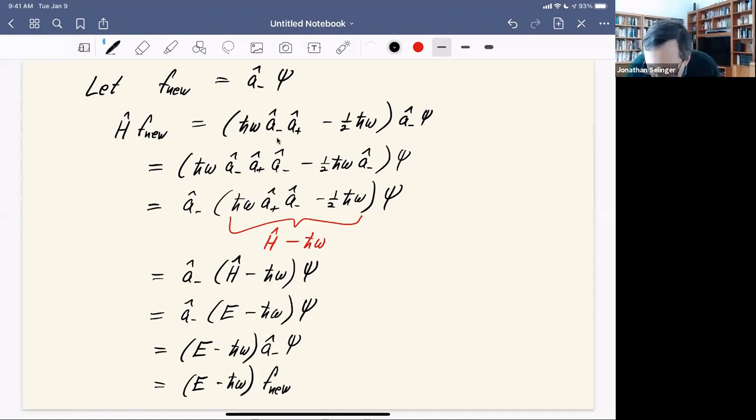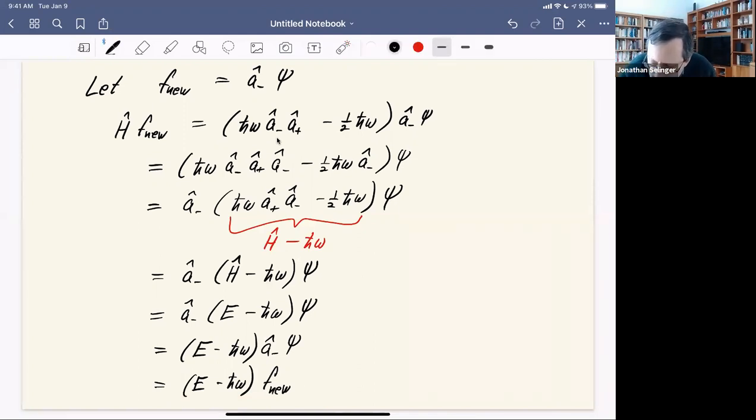Okay. So if we had one solution to start with, then we could let A minus act on it, and we would get a new solution which has this energy E minus h bar omega.